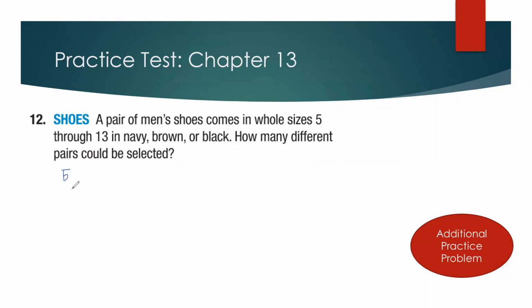So we would have size 5 shoes, size 6, size 7, size 8, 9, 10, 11, 12, and 13. For each one of those, there is a navy, a brown, and a black. So you would have 3 for each one of these if you're doing a tree diagram.